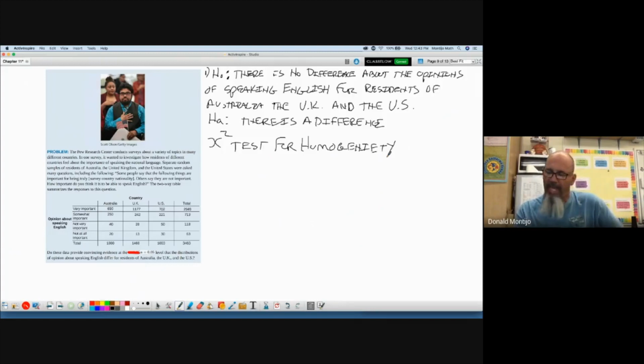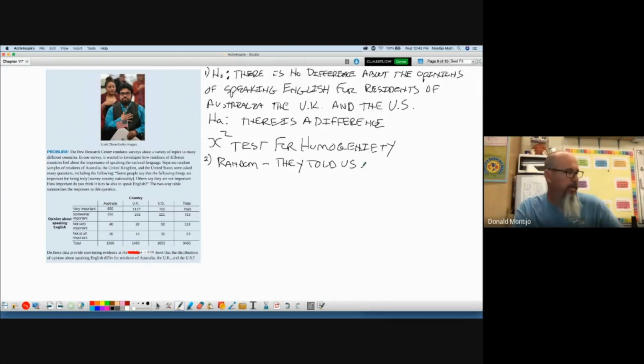So are we allowed to do it? I'm going to call this step 2, just to kind of simplify things a little bit. So is it random? Do they tell us in here how they gathered this data? Separate random samples, they told us. Nice. Makes it easier for us. They told us. Okay.